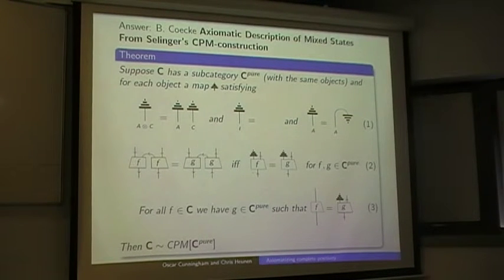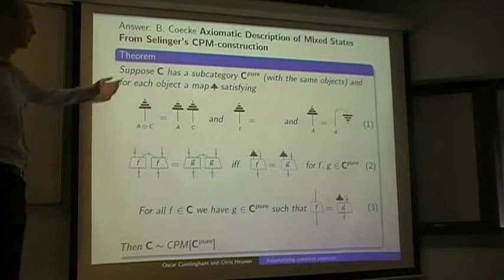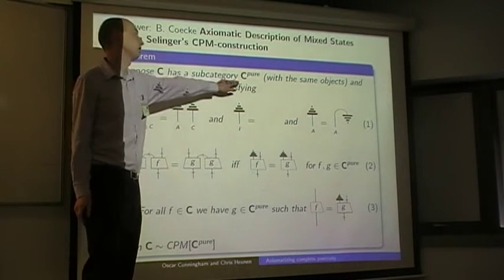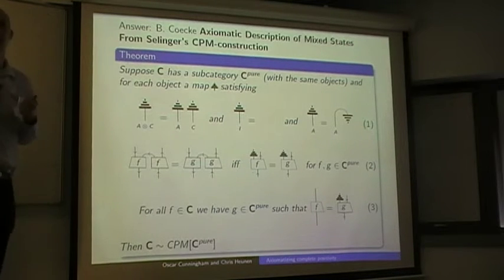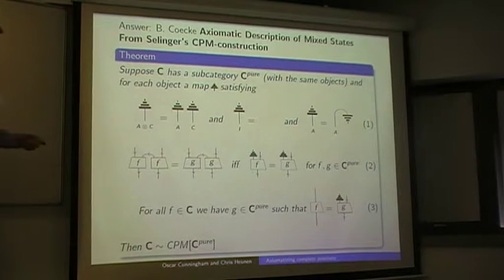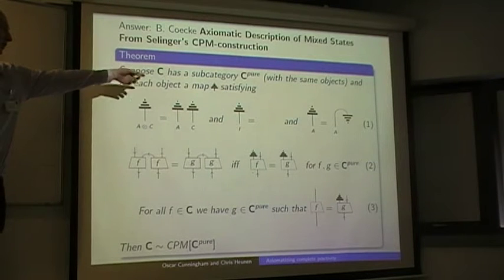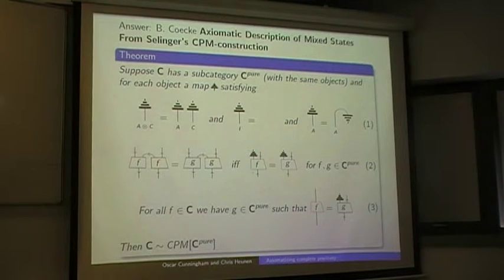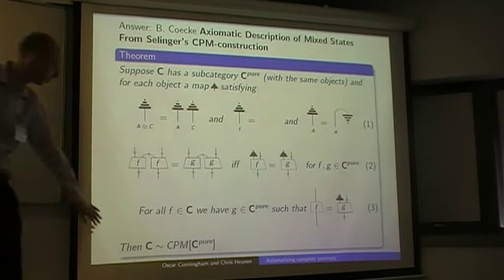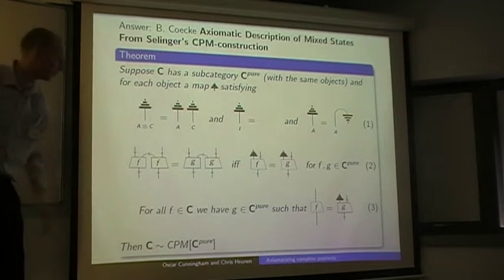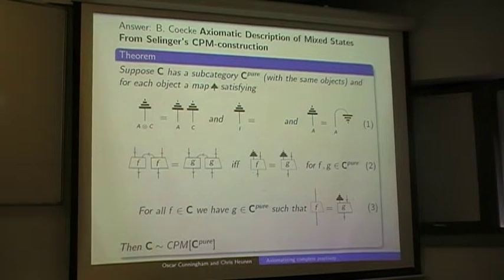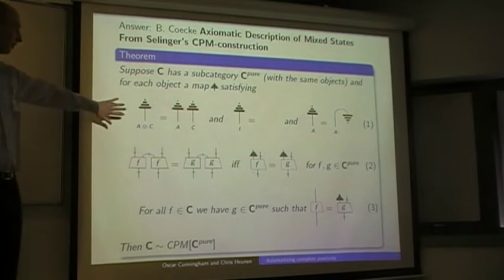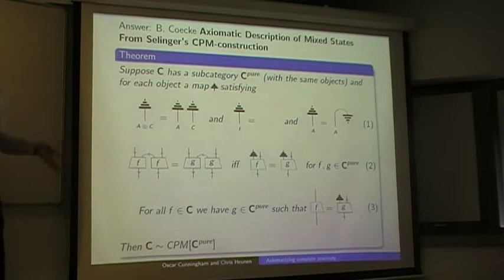The answer is that if you have a C and you can find some subcategory, which you want to be the pure maps, and each object has one of these discarding maps, and they satisfy these axioms, then in fact your category is isomorphic to the CPM of the pure subcategory that you identified. And this axiom just says that the discarding map respects the monoidal product and the dagger in the way you'd expect.